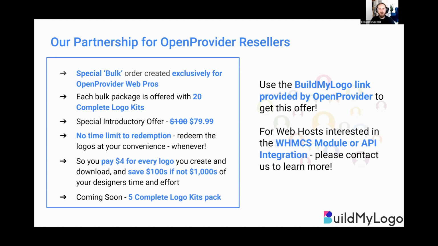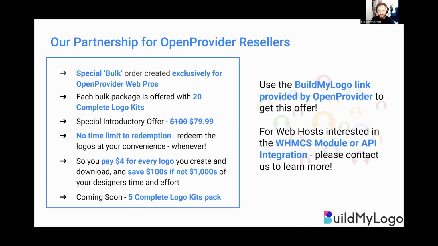Right now, like Sridhar mentioned, you can purchase BuildMyLogo through our RCP, Reseller Control Panel. You just go there, there is a dedicated menu tab. You're redirected to the BuildMyLogo website and just go through the whole building process and payment process there. However, in the future, we are planning to offer it as a part of our Openprovider API.